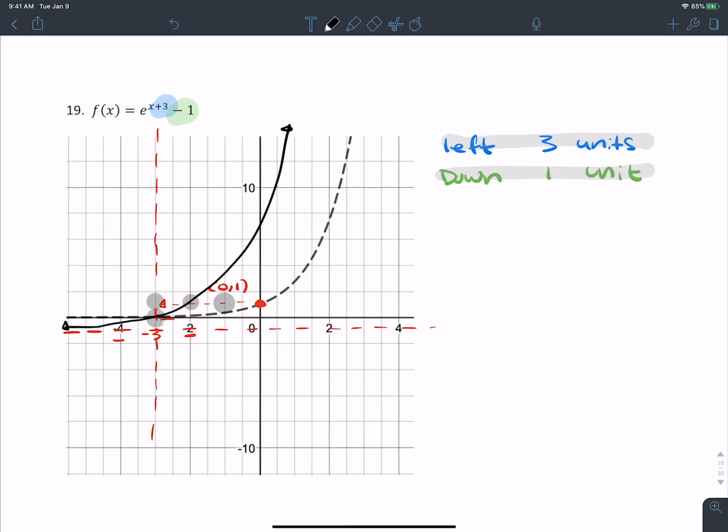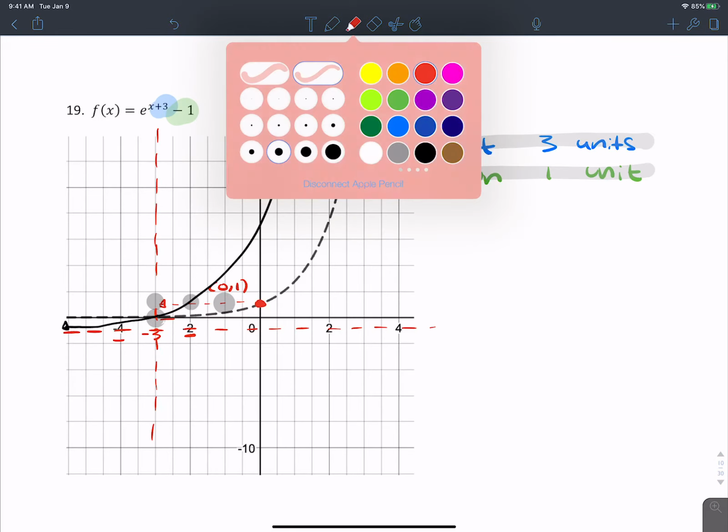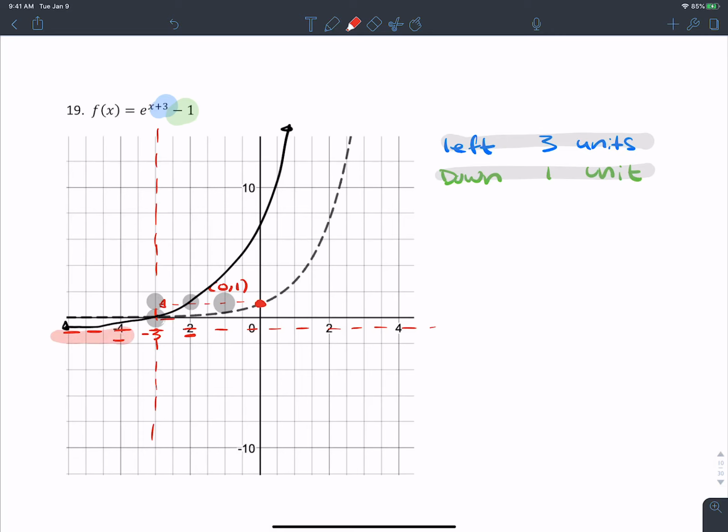So I just move this curve to the left 3 units, down 1, but also make sure you move this x-axis here down 1, because we went down 1. And you never cross that imaginary line now. And this is how this curve will look. Of course, you don't need all this reference. You can get rid of it.